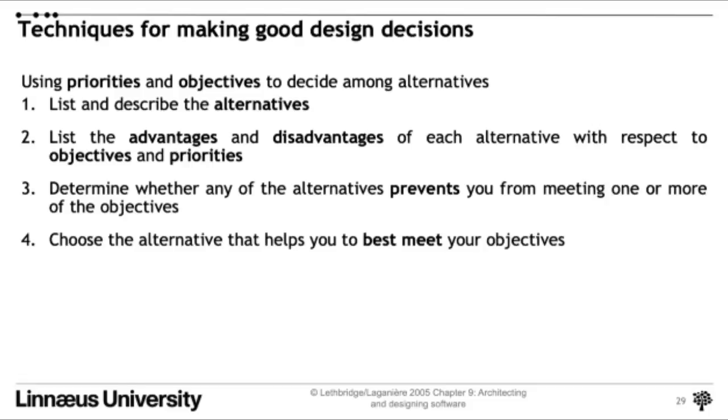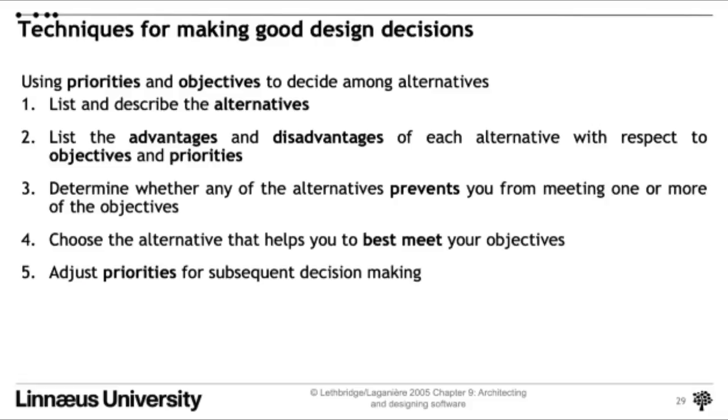Then choose the alternative that helps you best meet your objectives. Meeting the objectives is not enough. You need to best meet the objectives, and that's where you have a good design. And then try to adjust priorities for subsequent decision making.